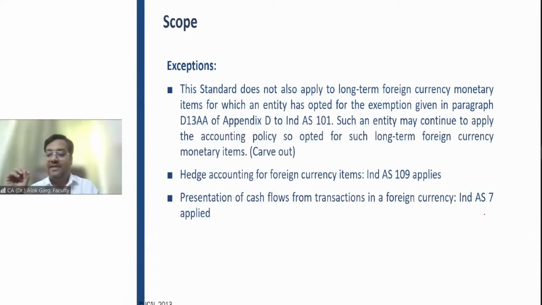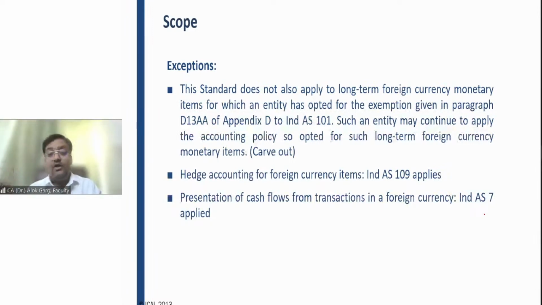and the paragraphs were paragraph 46 and paragraph 46A. But Ind AS does not give you these kinds of treatment. It does not tell you that if there is an exchange difference, amortize it over the period of the loan. No. If there is an exchange difference on a foreign currency loan taken for fixed assets, you cannot adjust your fixed assets.